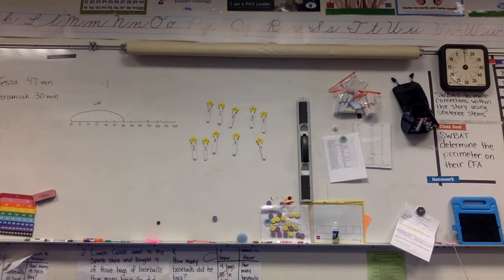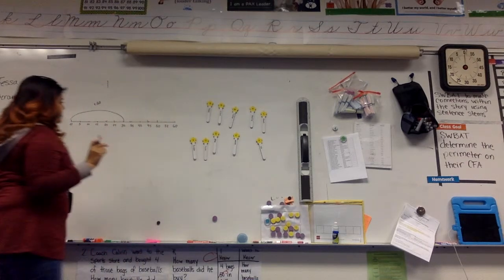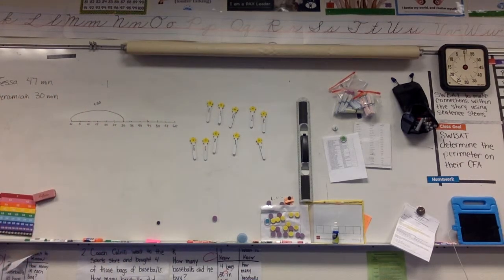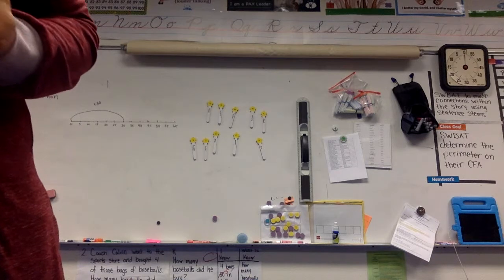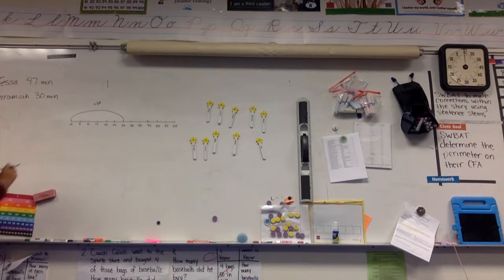So we're only going to be looking at the blue, what we need to add to get to Tessa. So we're at 30, we need to get to 47. We need to figure out how much it takes to get there.